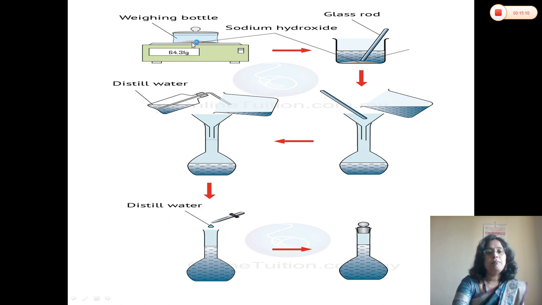is measured with the help of either a weighing bottle, watch glass or clock plate, and then that amount of solute is transferred into a beaker which contains a little amount of water. But before transferring the solute into the beaker, it is necessary to first wash your beaker properly and rinse it with deionized water.